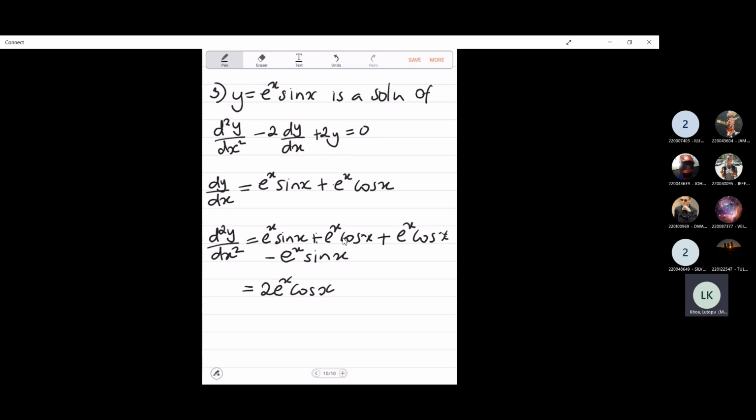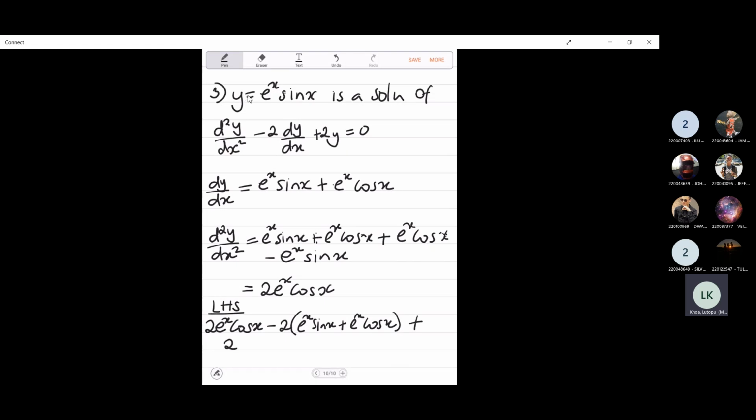Okay, so I have my first derivative and second derivative. It's just a matter of substituting over there. So again, my left-hand side is the second derivative, 2e to the power of x cos x, minus 2 times the first derivative, which is e to the power of x sine x plus e to the power of x cos x, and then we add 2y.